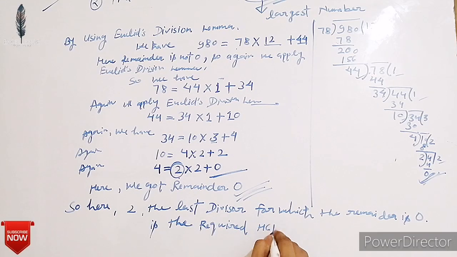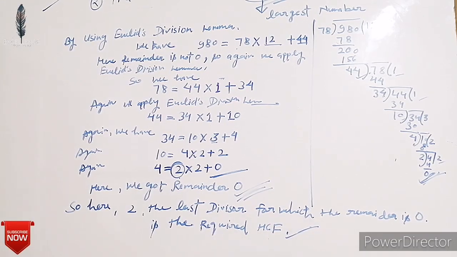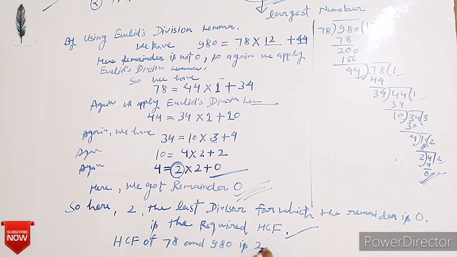Okay students, so here the HCF, highest common factor, of 78 and 980 is 2.